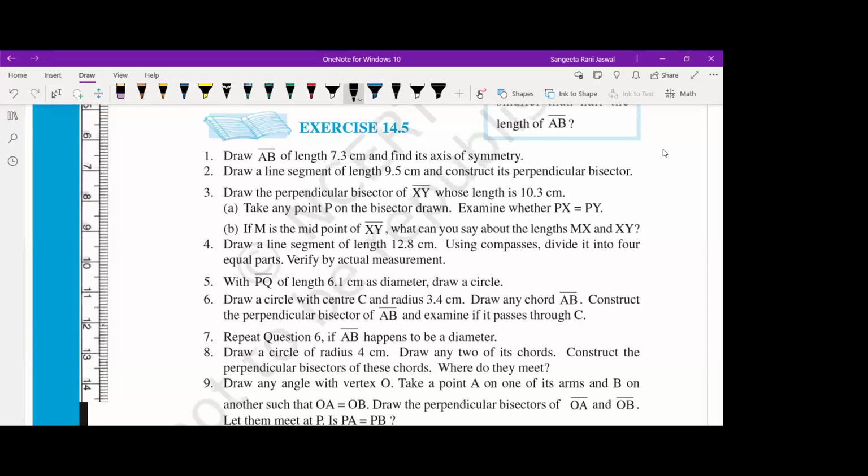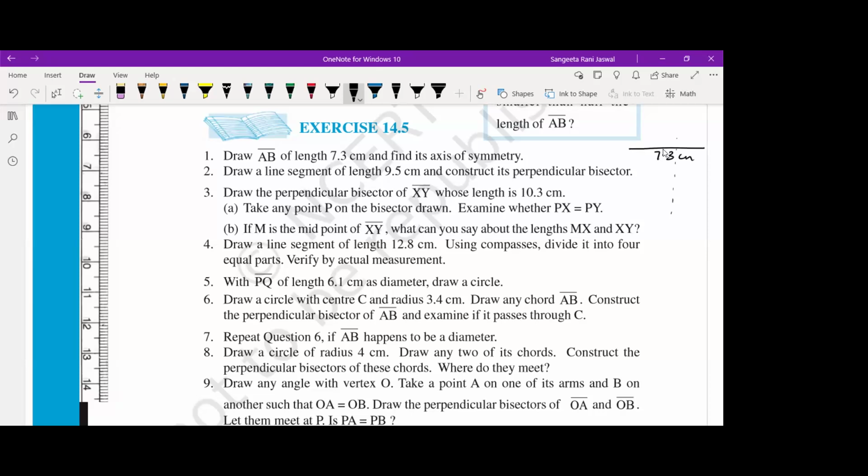Axis means a line, the center line. So axis of symmetry means the line of symmetry. You have to make a line segment of 7.3 centimeters and find its axis of symmetry.